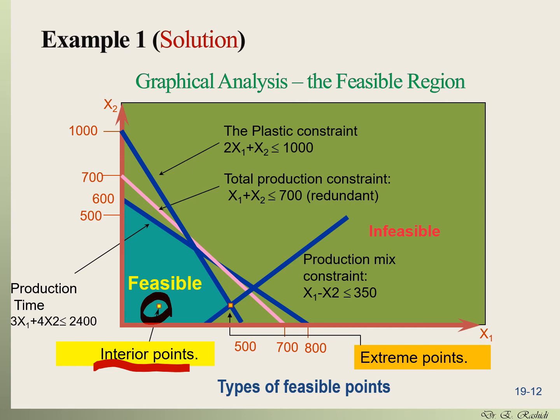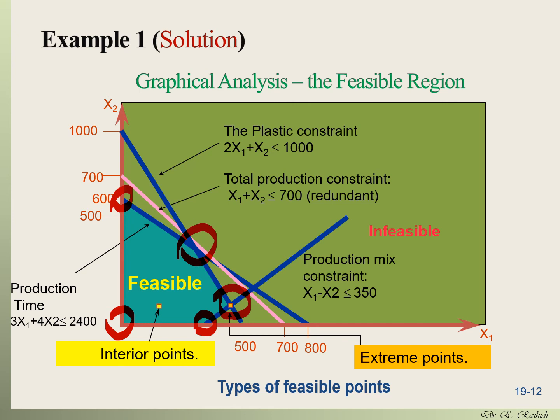But if you look closer, we have some special points here. For example, this point right here is on the intersection of two constraint lines. Also this point, this point, this point, and this point. All of these are called corner points, and they make the corners of this feasible space.